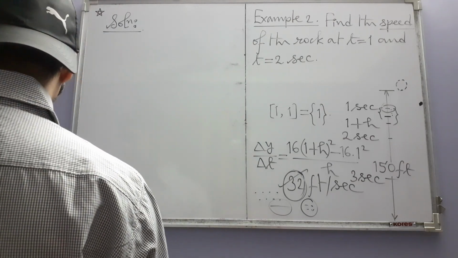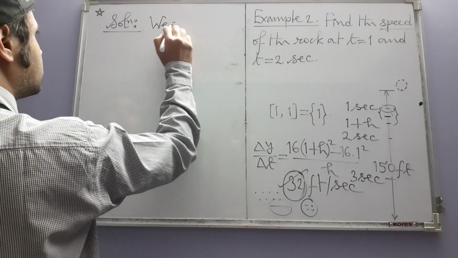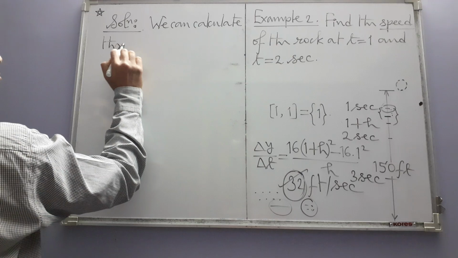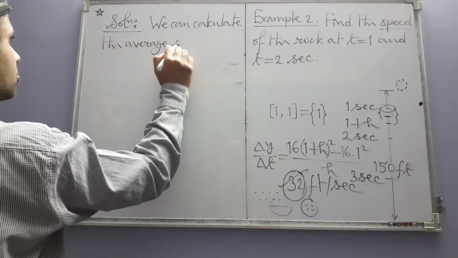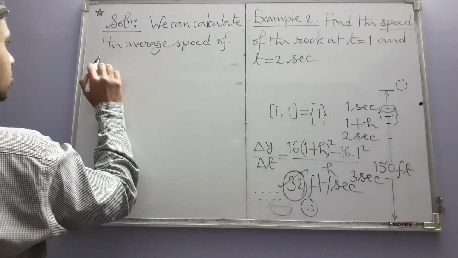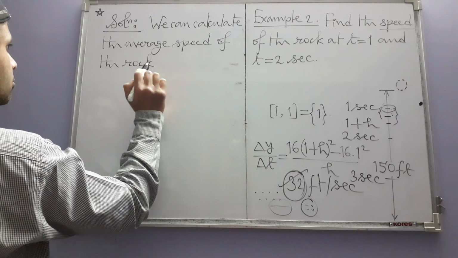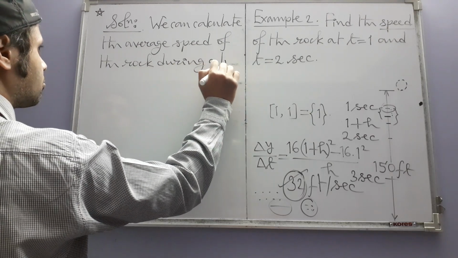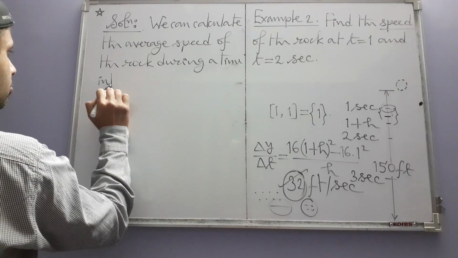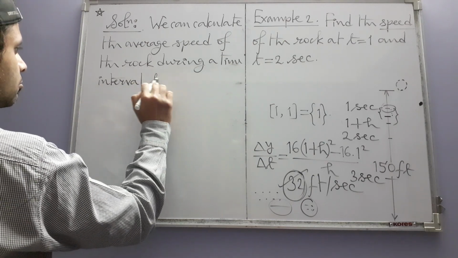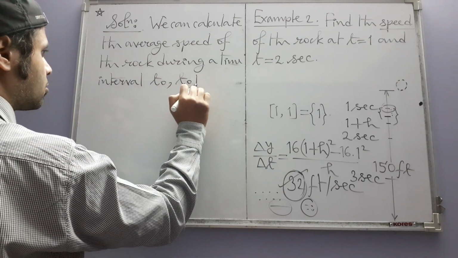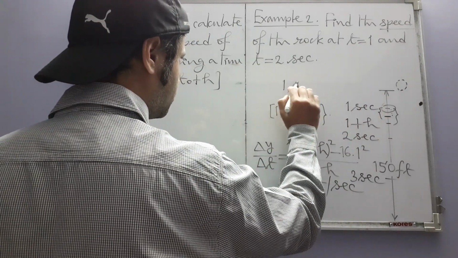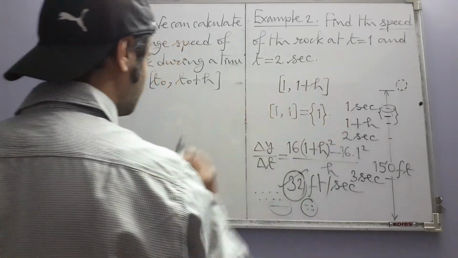We can calculate the average speed of the rock during a time interval t0, t0 plus h, like that one that we wrote here, 1 comma 1 plus h, where h of course is some positive real number.